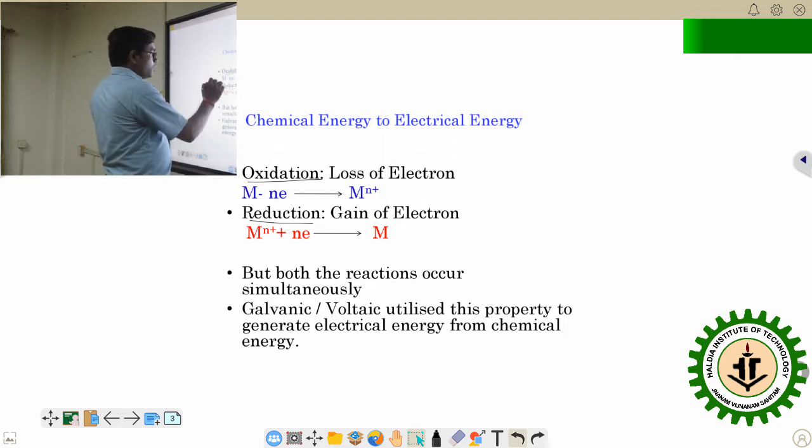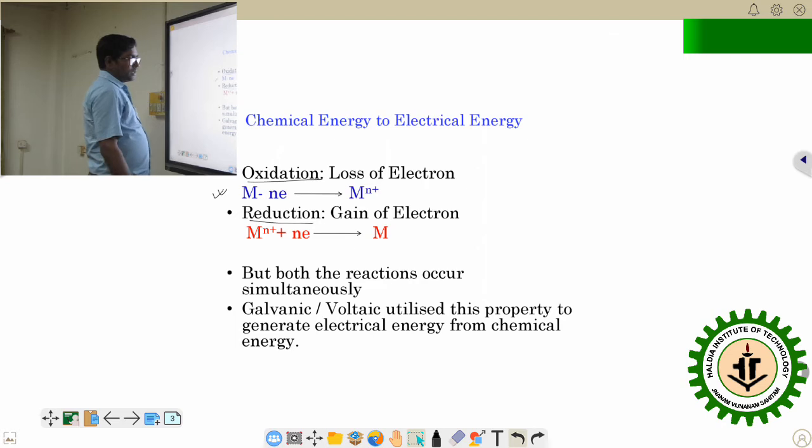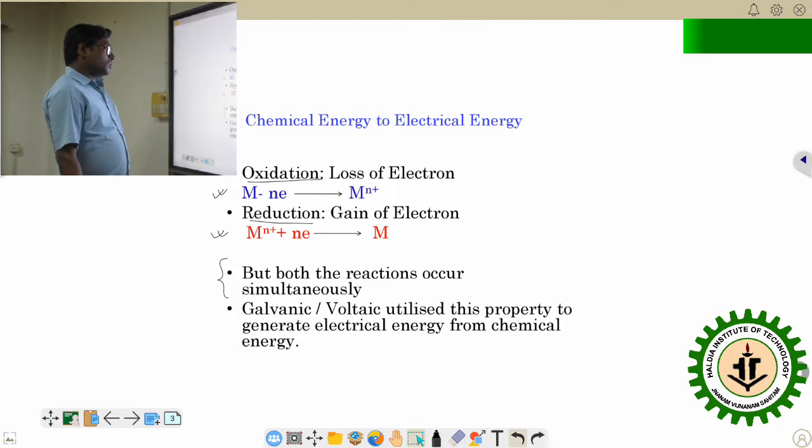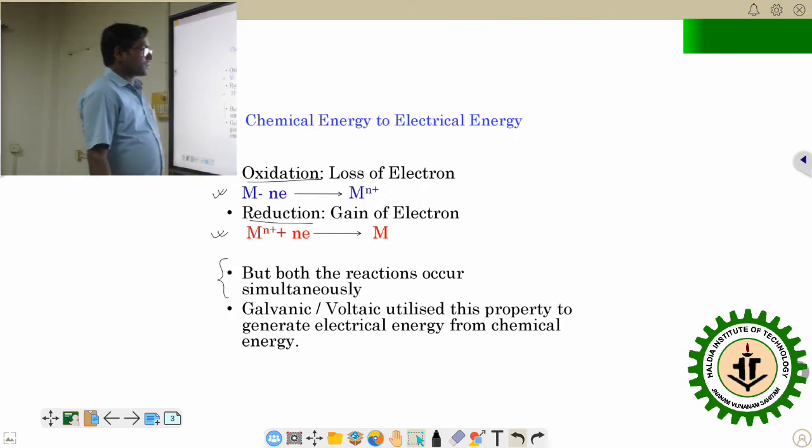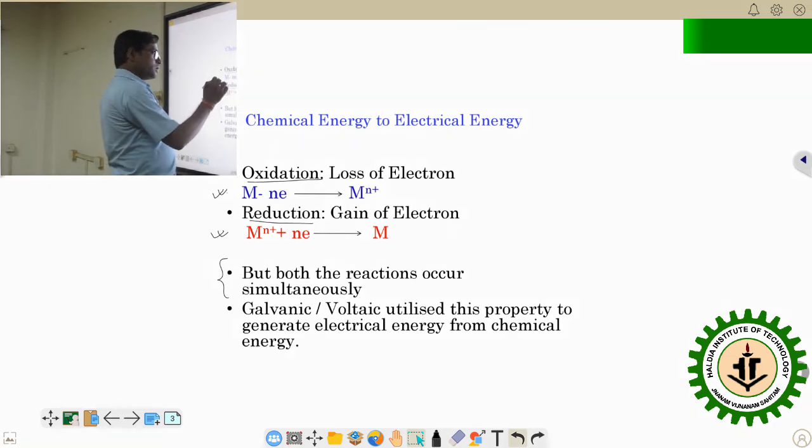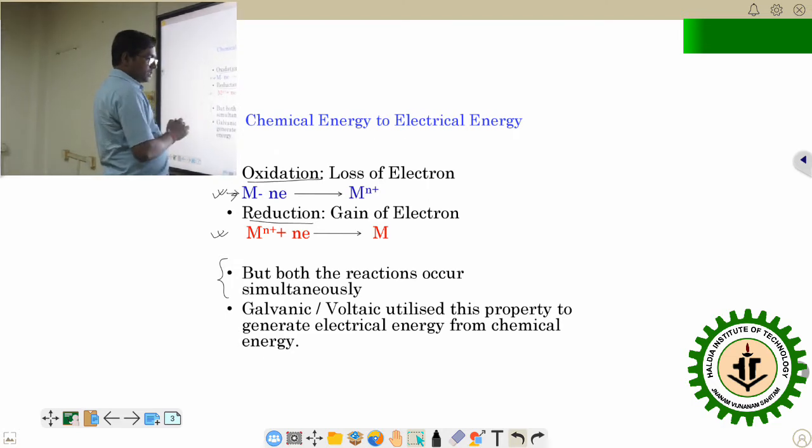Oxidation means loss of electrons and reduction means gain of electrons. Oxidation and reduction occur simultaneously, so both occur at a time. There are basically two reactions: oxidation, where the substance loses electrons, and reduction, where the substance accepts electrons.